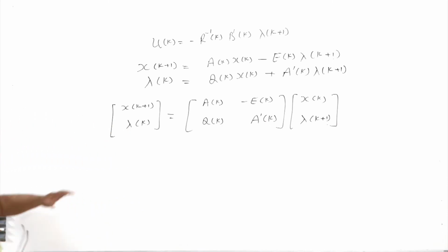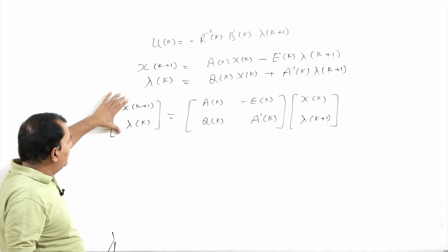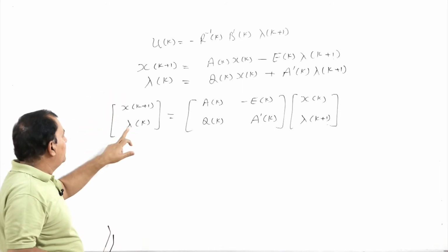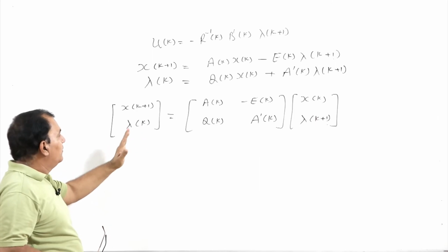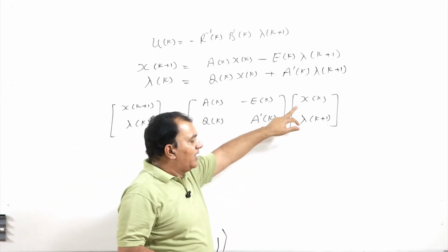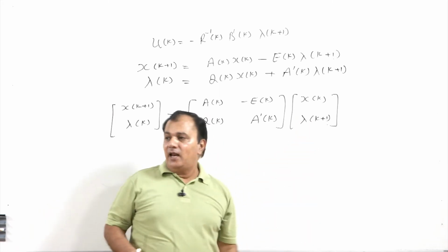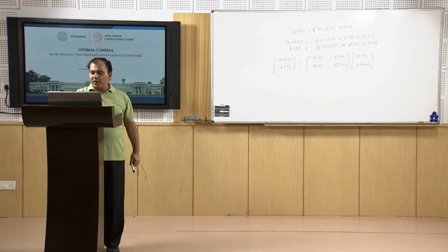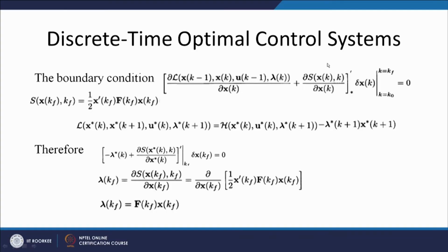So, now if we analyze this equation, x is at the instant k plus 1 and lambda is at the instant of k. This we are expressing in terms of x k and lambda k plus 1. So, this is my Hamiltonian system, and what will be my boundary condition?